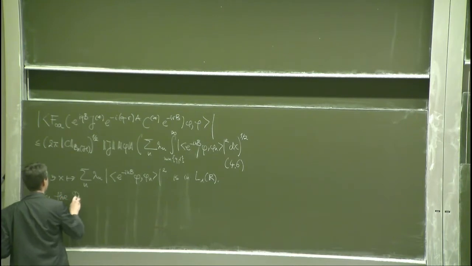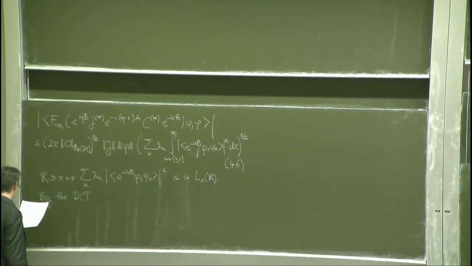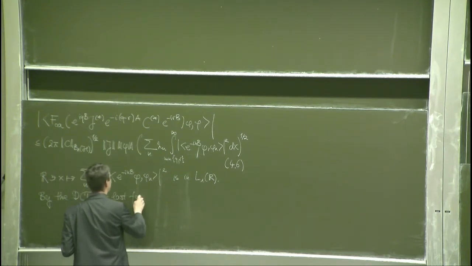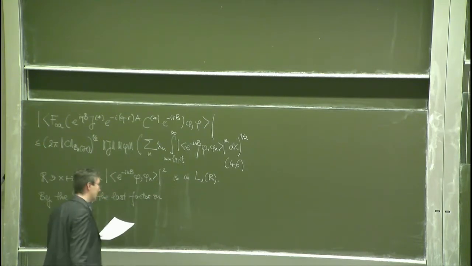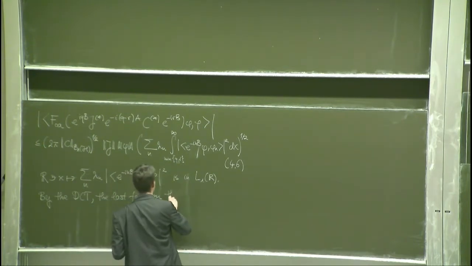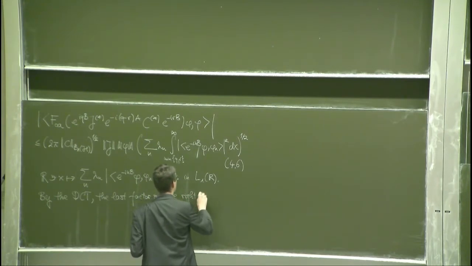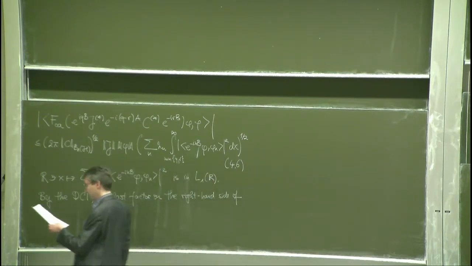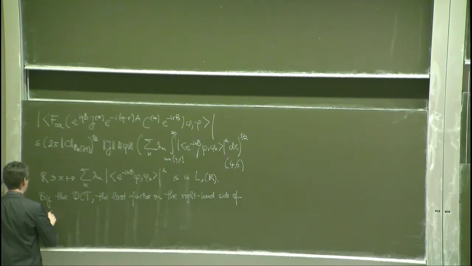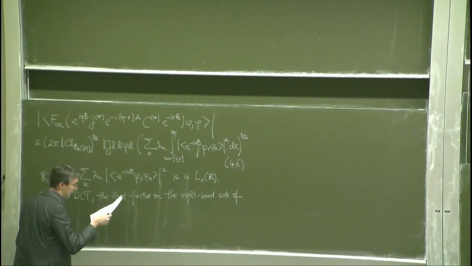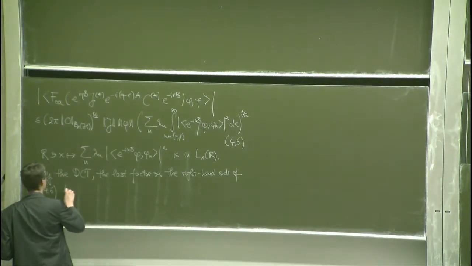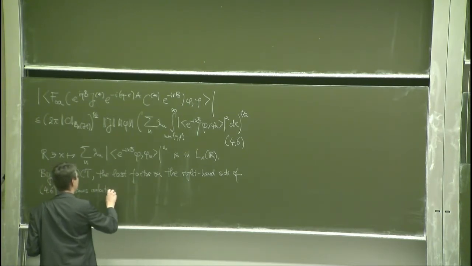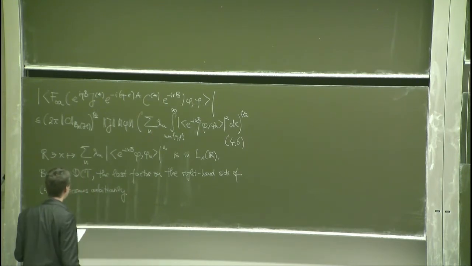So by the dominated convergence theorem, the last factor on the right-hand side of 4.6 is arbitrarily small, so becomes arbitrarily small.